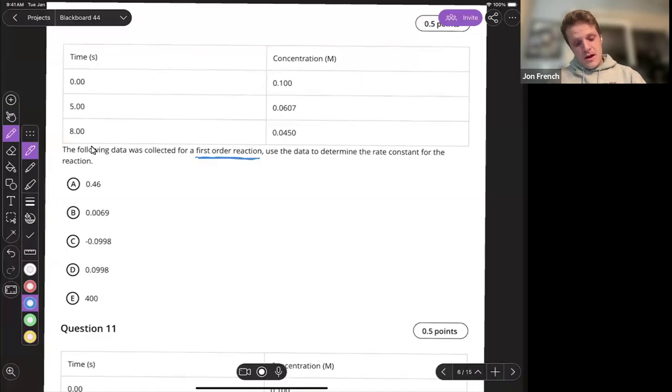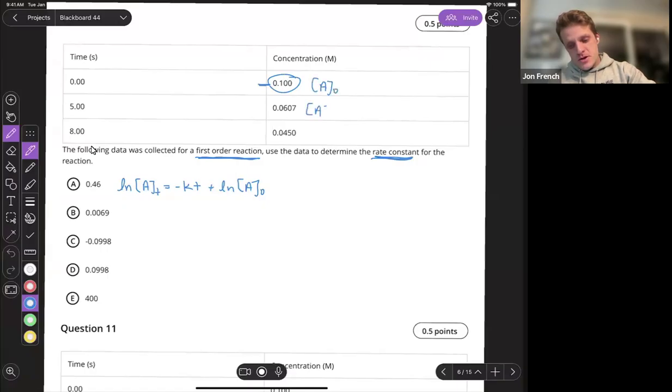So that tells us, okay, natural log of concentration at time t equals negative kt plus natural log of concentration at time 0. We want to find the rate constant for this reaction. So I'm going to use this concentration as time 0, this concentration at my time in the future, and it happens to be 5 seconds in the future.